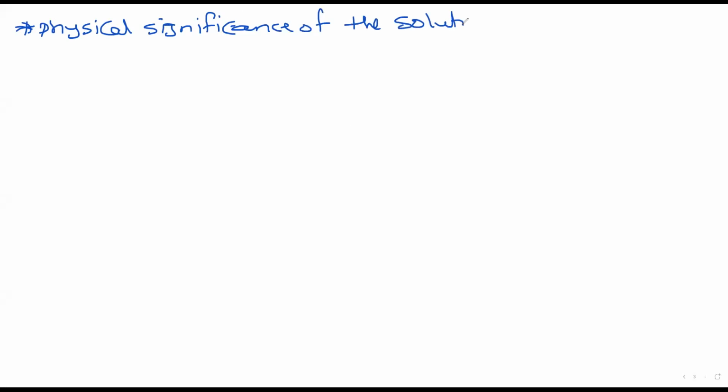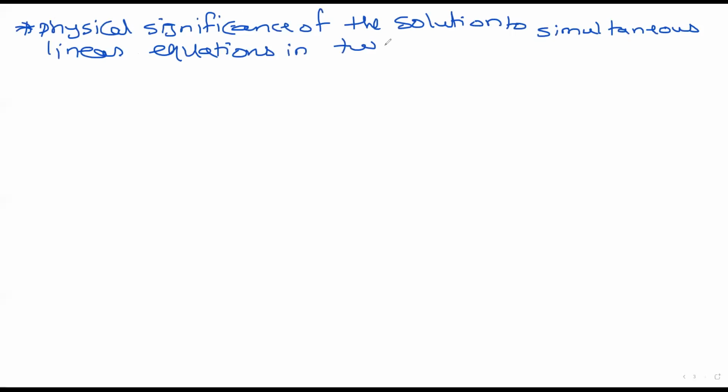So please pay attention. The heading is physical significance of the solution to simultaneous linear equations in two variables. So what is the physical significance? Number one, we find the solution. What does that mean? I'll make a table so that it will be clear to you.